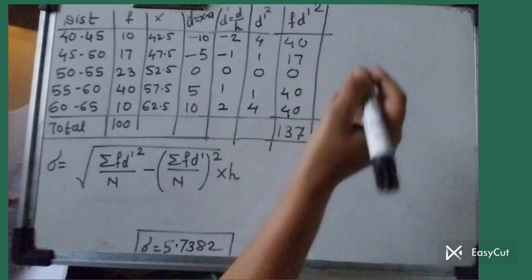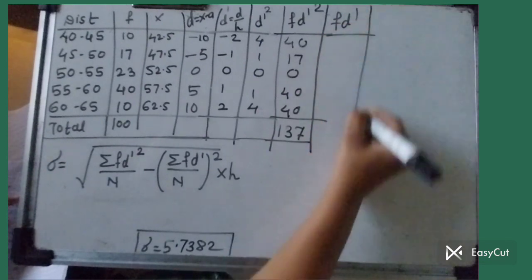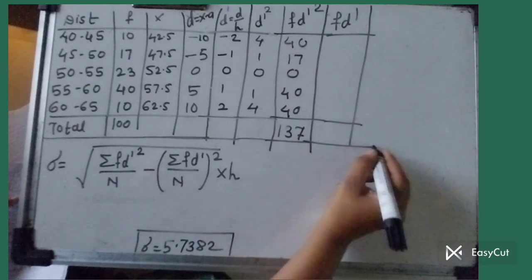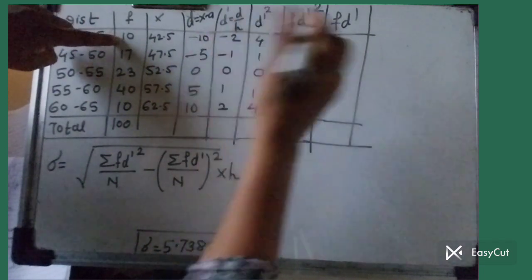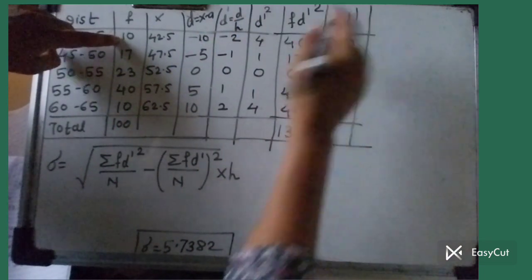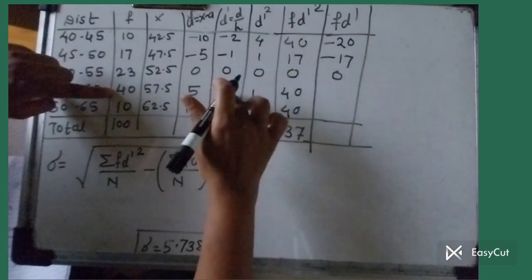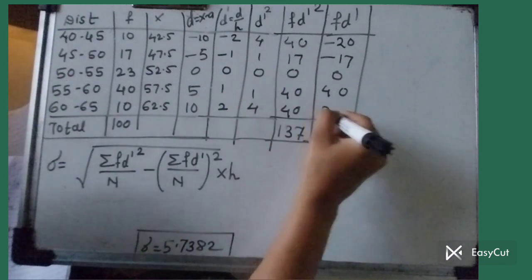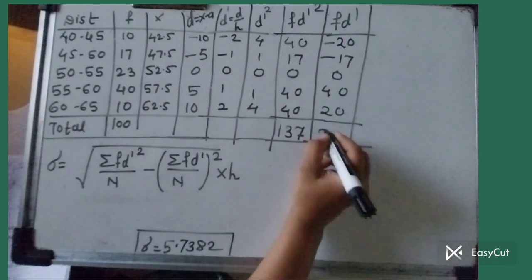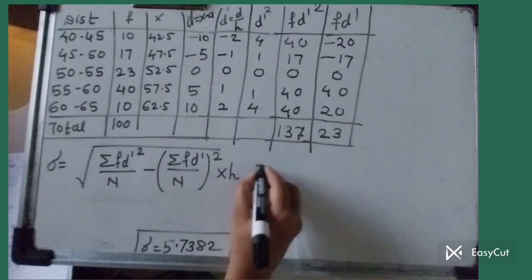Now f d dash, we required f d dash also. f here, d dash here. So it is minus 20, minus 17, 0, 40 and 20. Take a summation of these numbers. So it is 23.